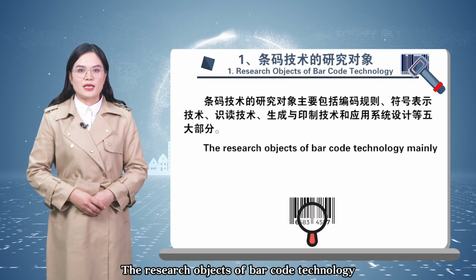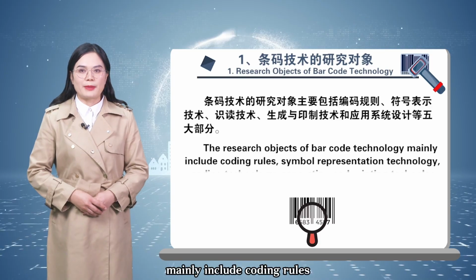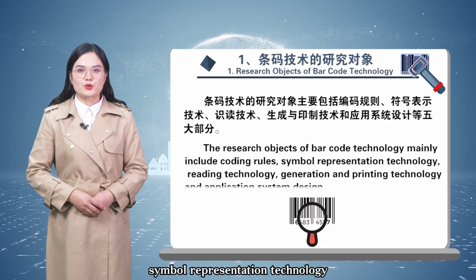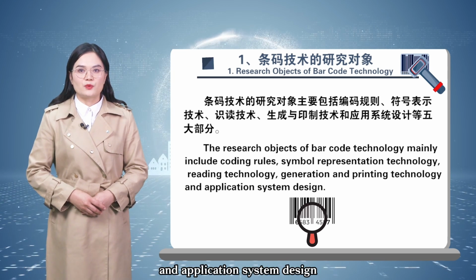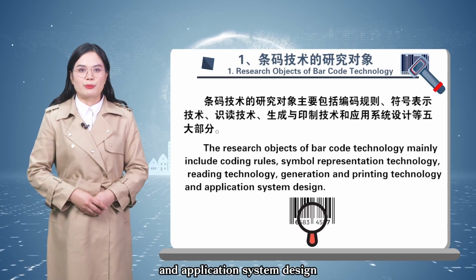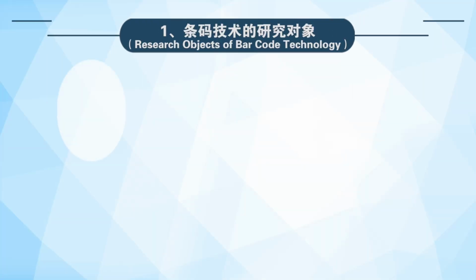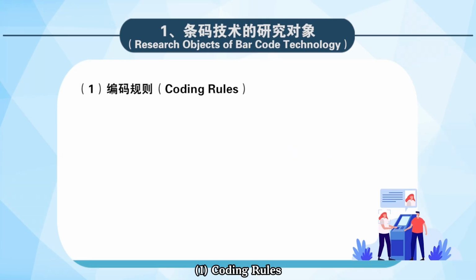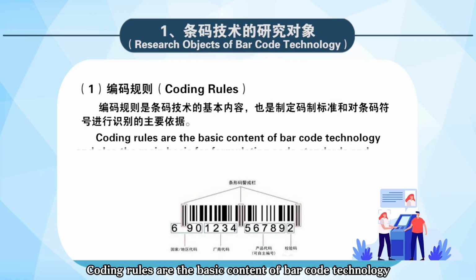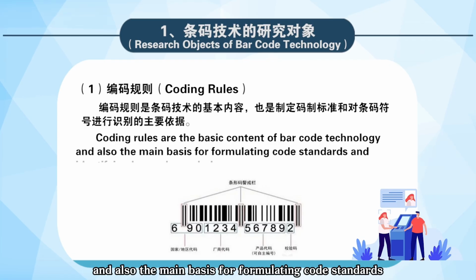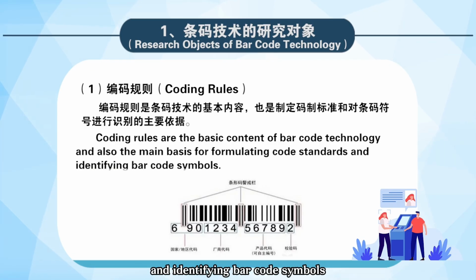The research objects of barcode technology mainly include coding rules, symbol representation technology, reading technology, generation and printing technology, and application system design. 1. Coding rules. Coding rules are the basic content of barcode technology and also the main basis for formulating code standards and identifying barcode symbols.